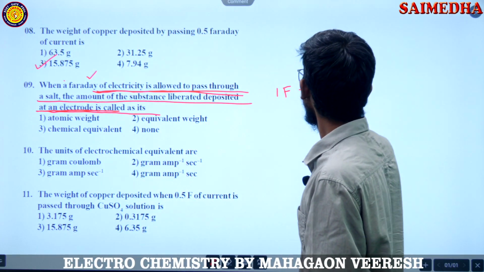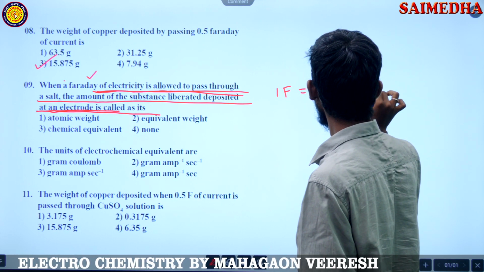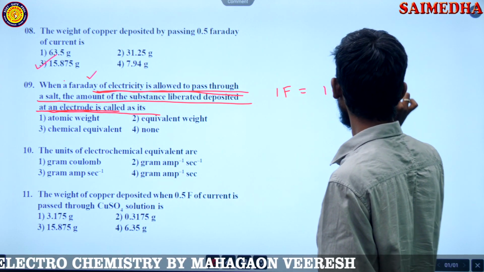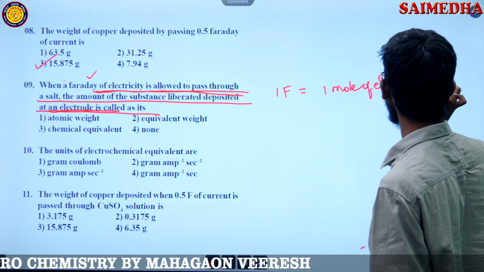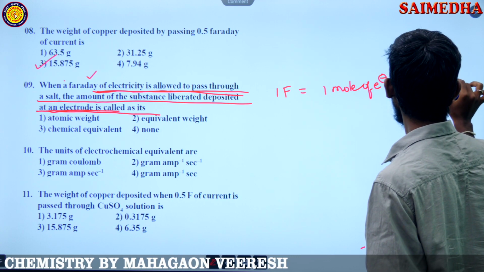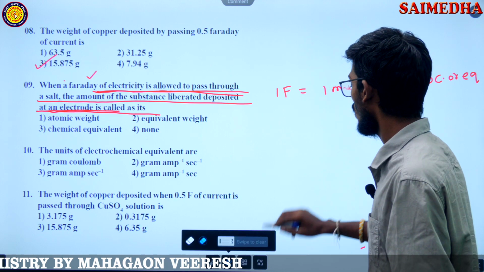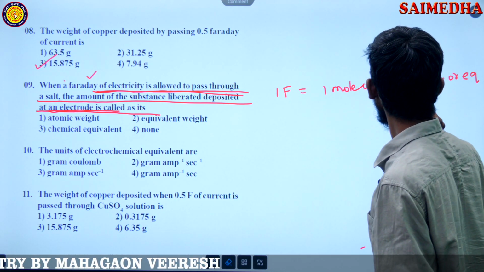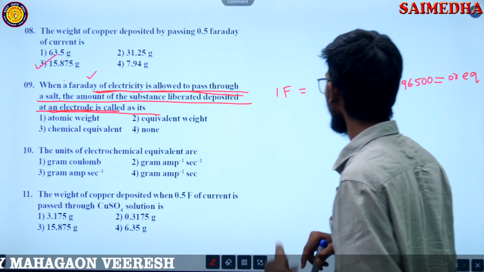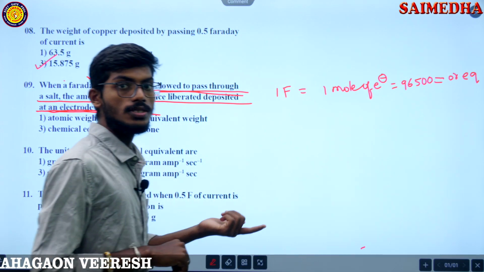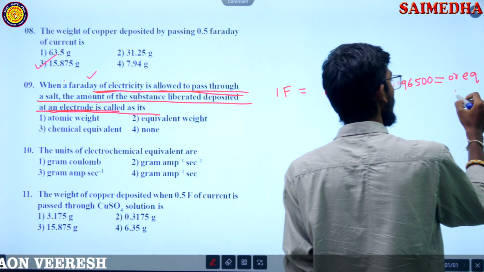1 Faraday will give you 1 mole of electrons, or 96,500 coulombs of electricity, or equivalent weight, okay. So 1 Faraday will give you 1 mole of electrons or 96,500 coulombs or equivalent weight.